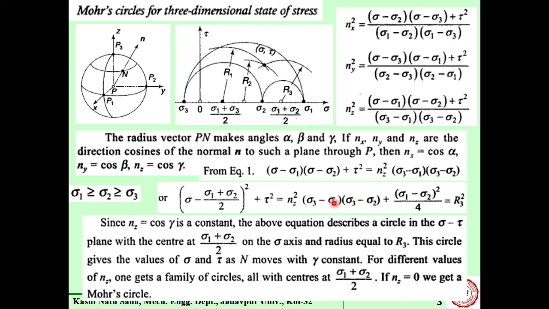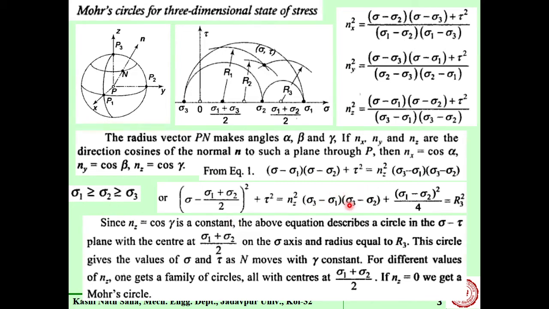Okay, fine. Let us see what happens if nz is greater than 0. If it is greater than 0, this is a positive quantity. Sigma 3 is less than sigma 1, and sigma 3 is less than sigma 2.